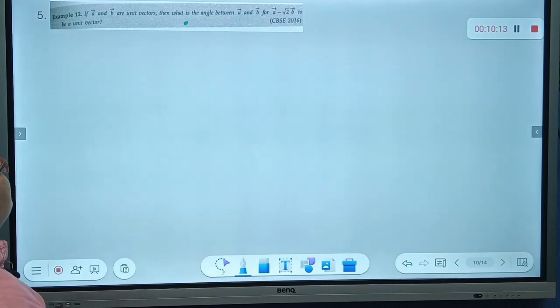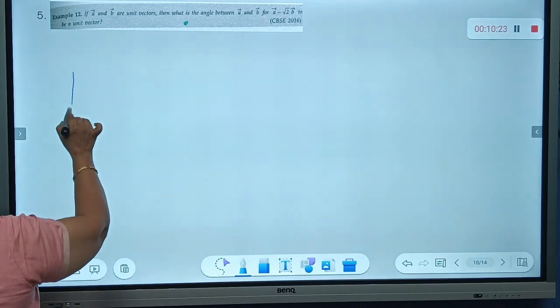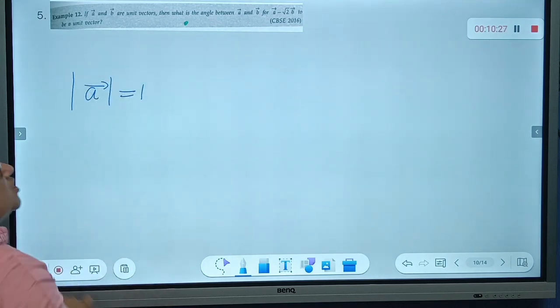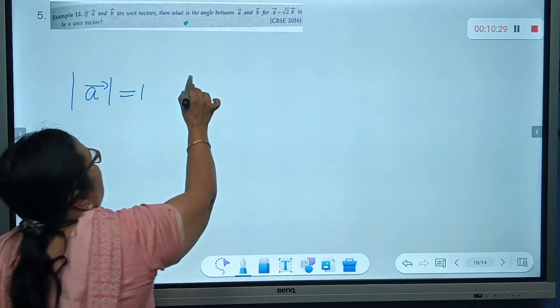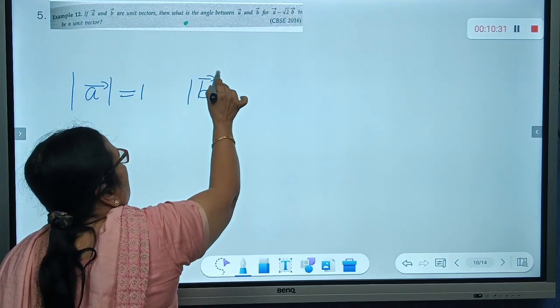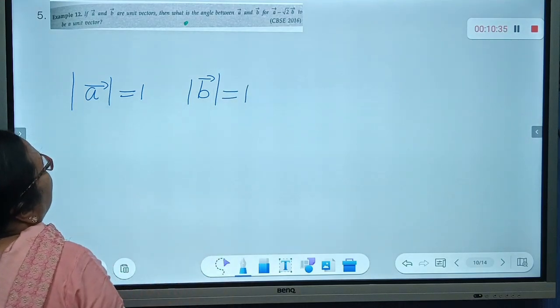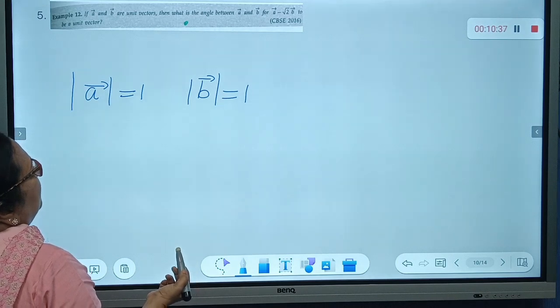Now, if A vector and B vector are unit vectors, what is the angle between A and B for A minus root 2 times B vector to be a unit vector? So, A vector is a unit vector, so modulus of A vector is 1. B vector is a unit vector, so modulus of B vector is also 1. You have to find the angle between A vector and B vector.